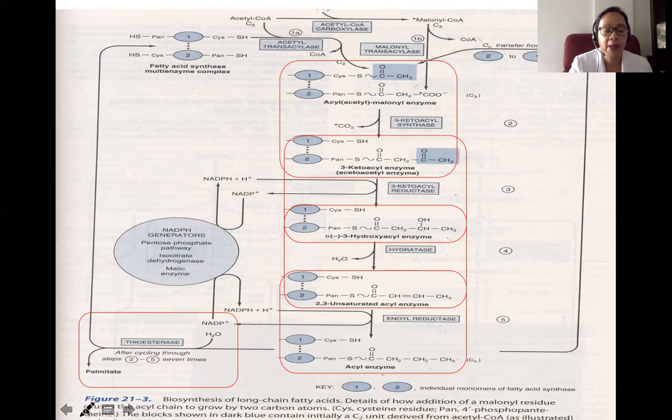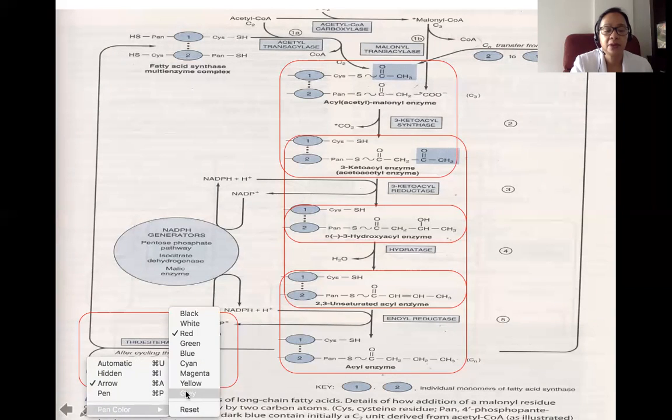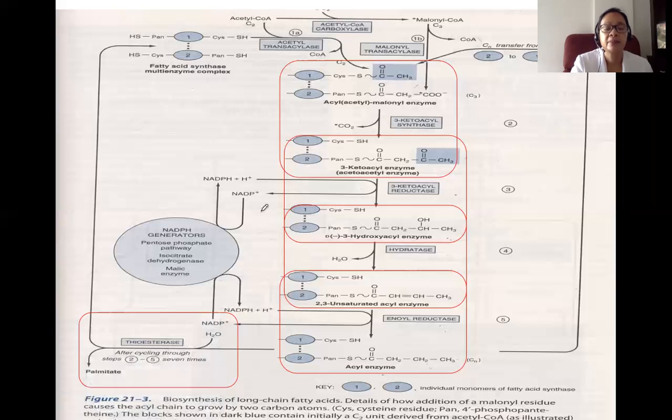Okay, so I'll show it with the pen. So this is your acetyl coenzyme A, and this is your malonyl coenzyme A. They will condense, now forming the 5-carbon acyl malonyl enzyme.